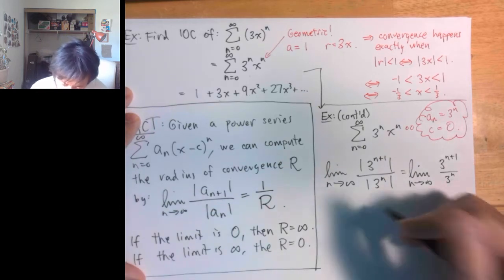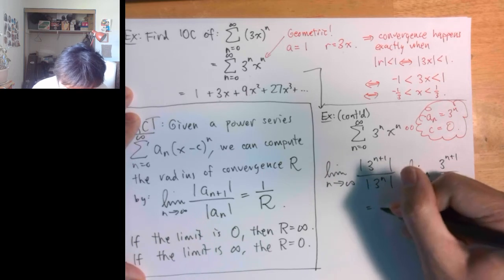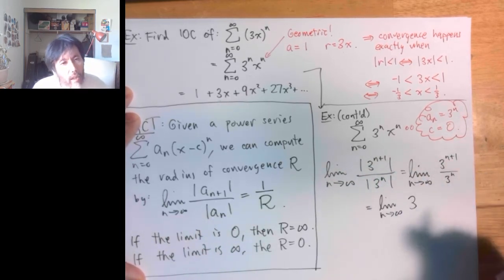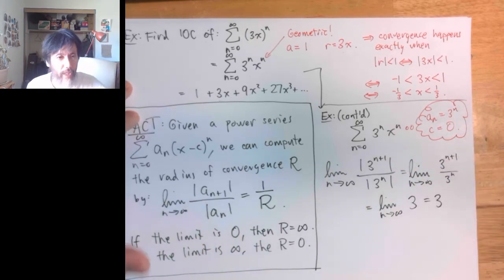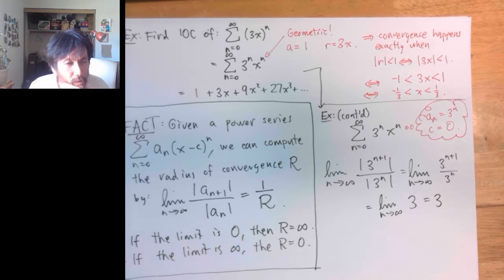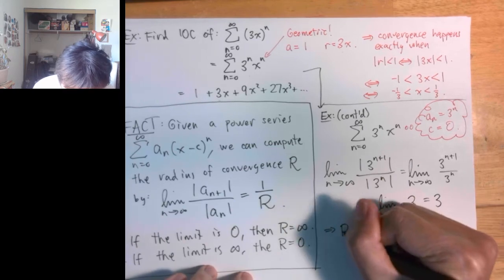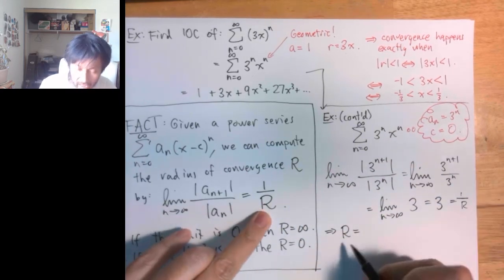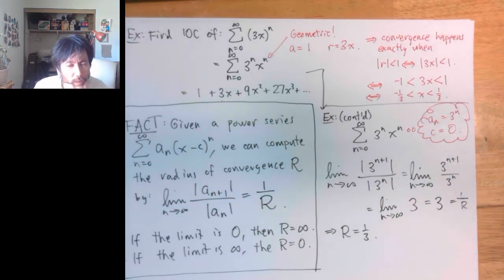And so if we divide, we get the limit as n approaches infinity of 3, which is equal to 3, because it doesn't depend on n. So then 1 over R is 3, which means that R is equal to 1/3. I hope that's clear. That's the radius of convergence.